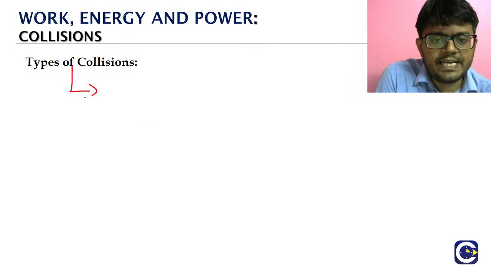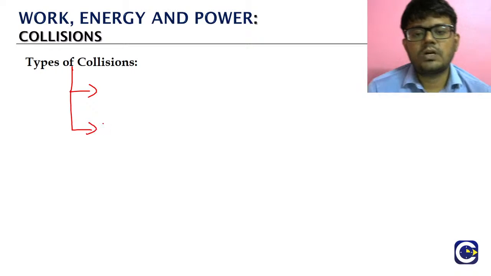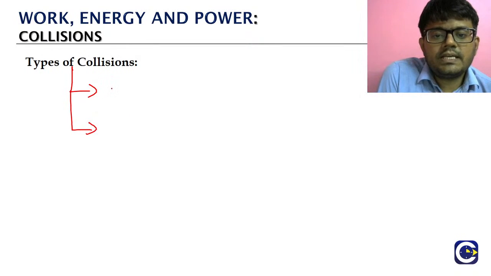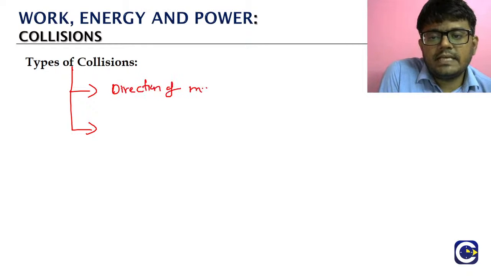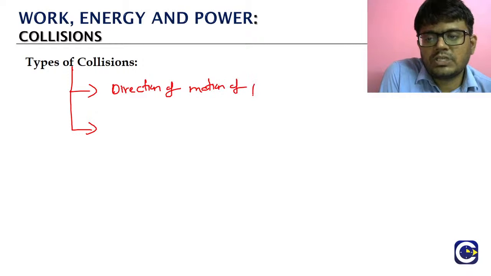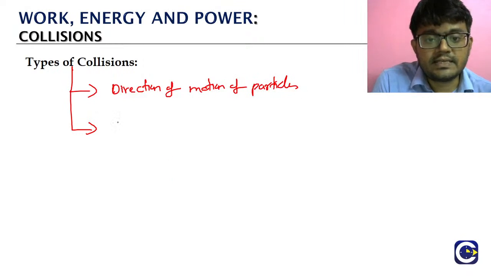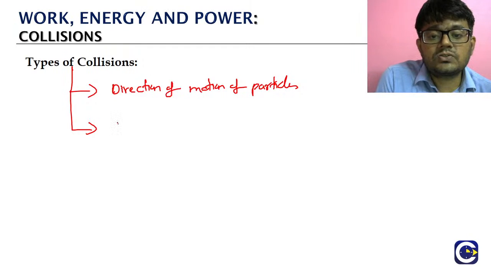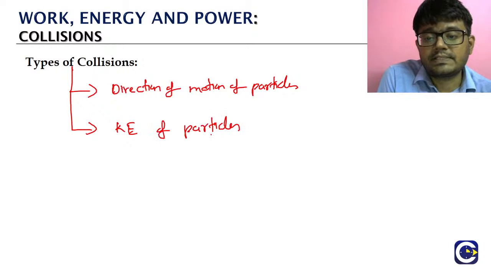We'll try to classify collisions based on two parameters. One is based on the direction of motion of particles, and the other is based on what will happen to the kinetic energy of the particles.